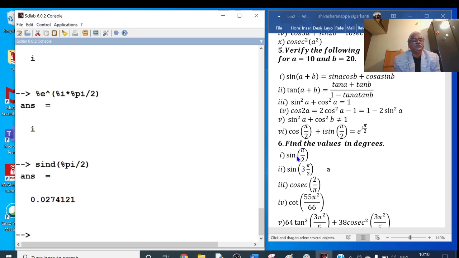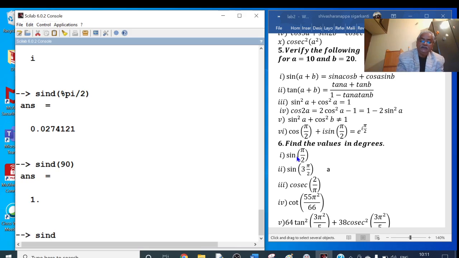This is 0.027 something. To check, I will write sin d of 90 degrees. I know its value is 1. If I enter, yes, I am getting 1. What is the sin 180 value?